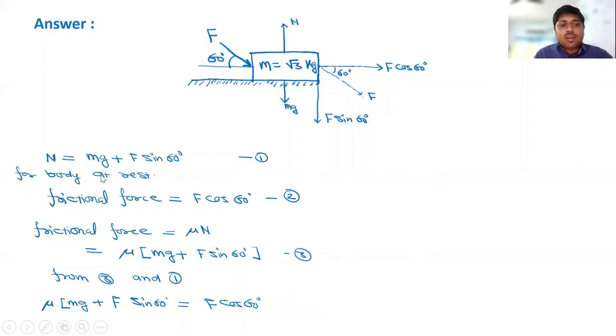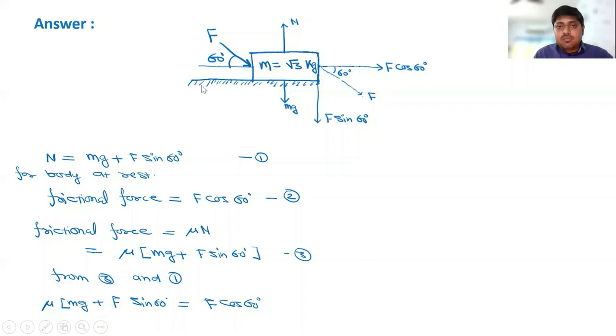And for the body at rest, the frictional force must be equal to F cos 60 degree. Because if we are applying a force in this direction, that is towards the right side, then there must be a force because of the friction, a frictional force that will be acting in this direction towards the left side.